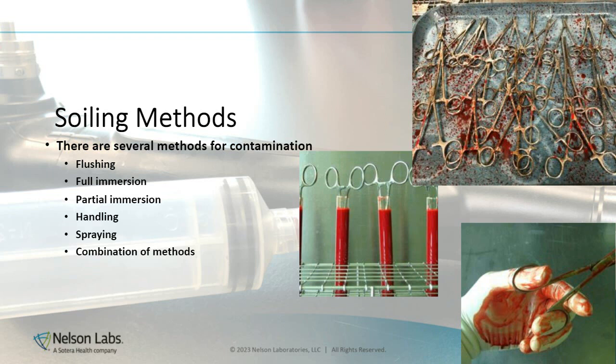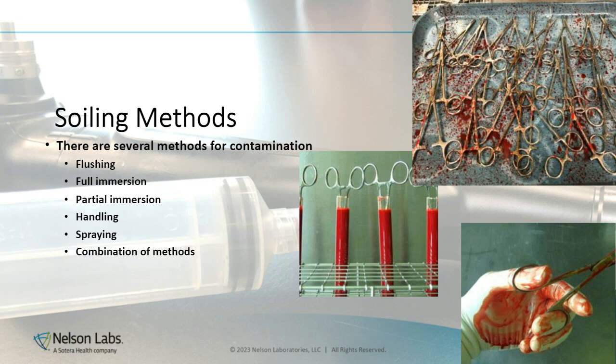Soiling methods. After you've selected your test soil, you have soiling methods, and this will help us understand what soiling methods you have to use, right? There are all different types: flush, full immersion, partial, whatever method we choose has to be what is being performed in the surgery suite or in the clinical procedure.